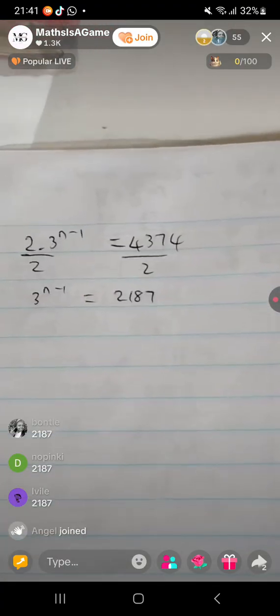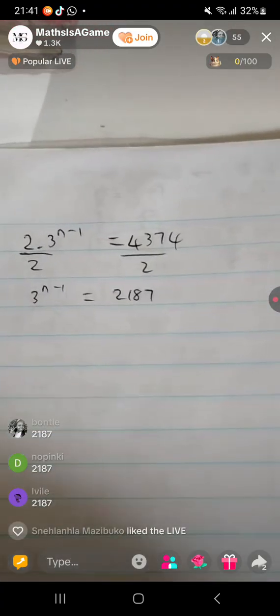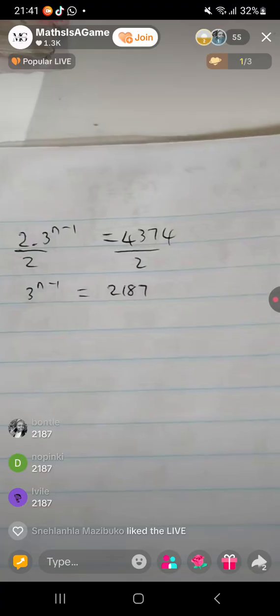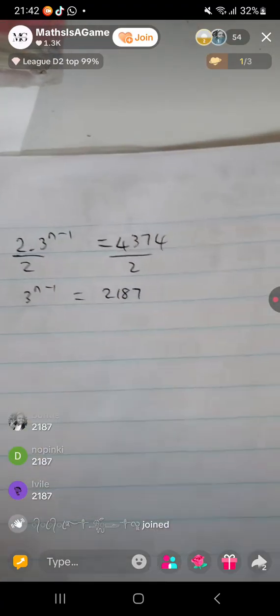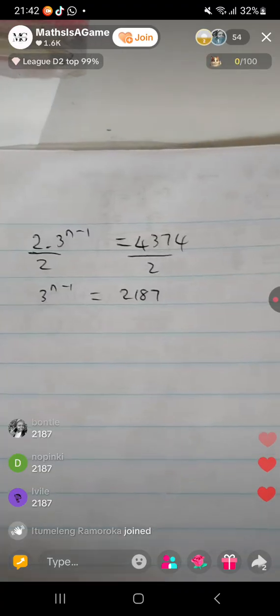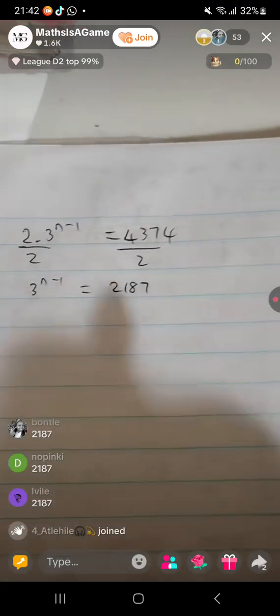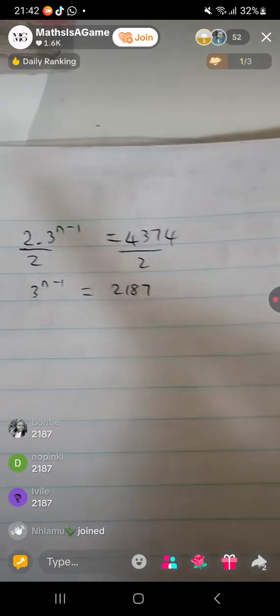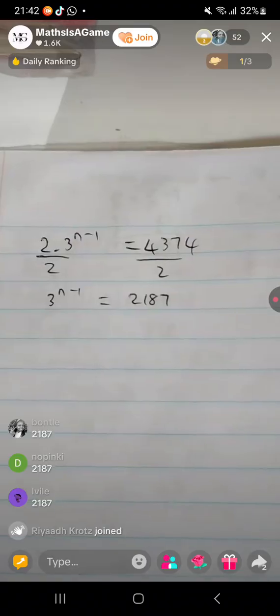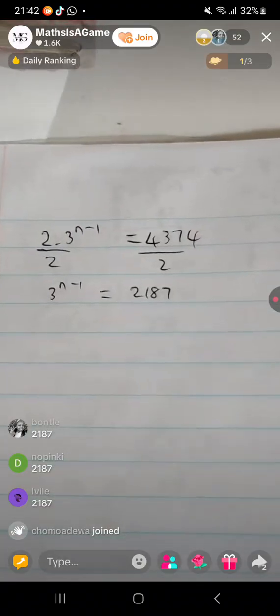Now, guys, I just want to say that we can now take this 2,187, and as per what we've learned in previous grades, we can change this composite base to a prime base using our calculator.